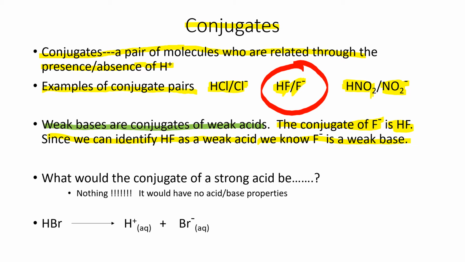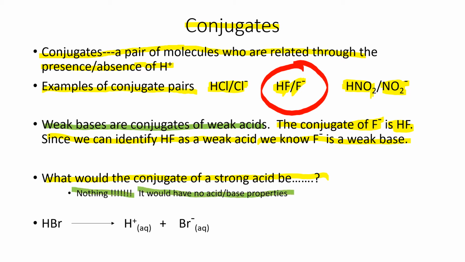And we might be thinking, okay, we have conjugates for weak acids, weak bases. Well, what would the conjugate of a strong acid be? Initially we might think the conjugate of a strong acid is probably going to be a strong base or a weak base, but that's not true. The conjugate of a strong acid does not have any acid-base properties.